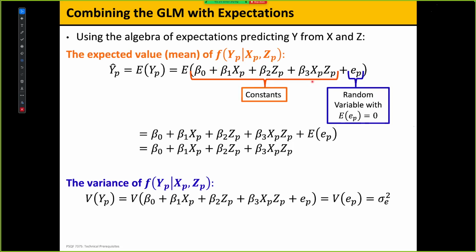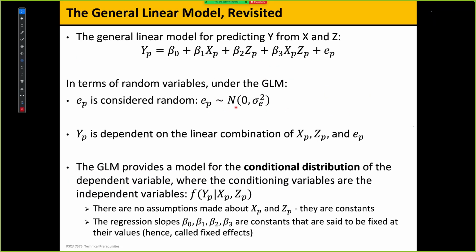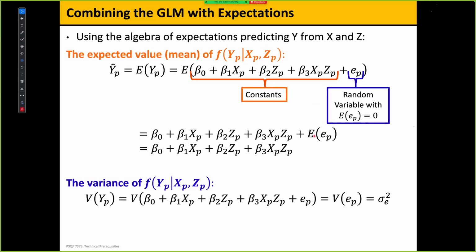If I sum them all together, it's like the c in that algebra of expectations. So when I take the expected value of this, they all move outside of the expectation function. And then what's left over, the expected value of error, is set by definition in our model assumption to zero, so that goes away.